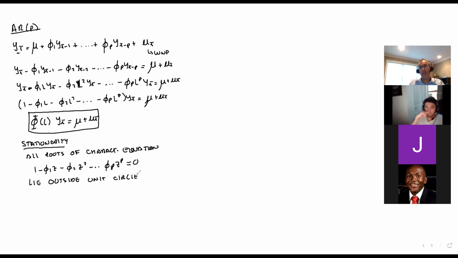So in words, guys, in order to ensure that we have a stationary process, we want each of the c values to be larger than 1 in absolute value.